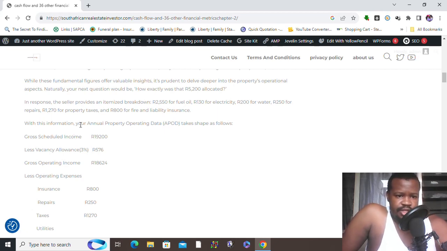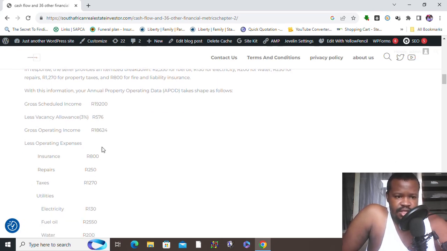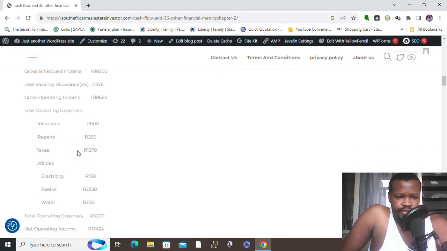With this information, your annual property operating data takes shape as follows: gross scheduled income 19,200, less a 3% vacancy allowance of 576, gross operating income of 18,624, less operating expenses: insurance 800, repairs 250, taxes 1,270.